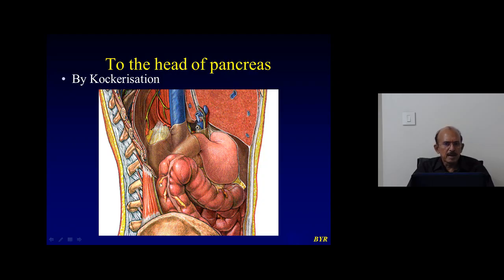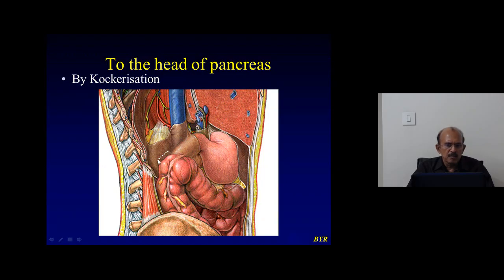So how to go to the pancreas? First, you incise the phrenicocolic ligament. There is a ligament, a peritoneal thickening, present between the diaphragm and the hepatic flexure of the colon. So you cut this and make this incision into the paracolic gutter.